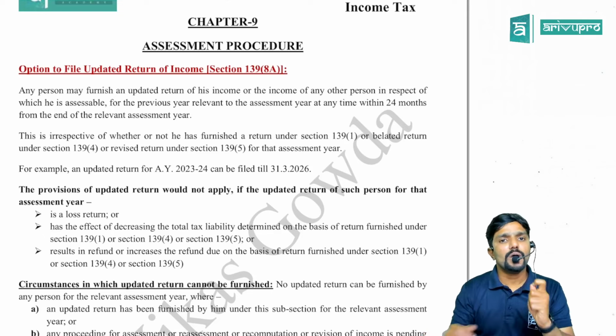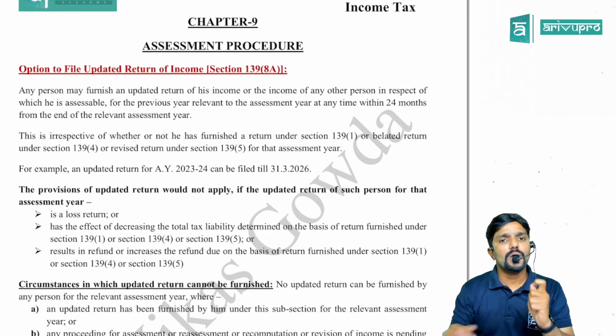And before completion of the period of 12 months from the end of the relevant assessment year, that means within 12 months from 31st March 24, you are filing the updated return, not 24, it is 25.